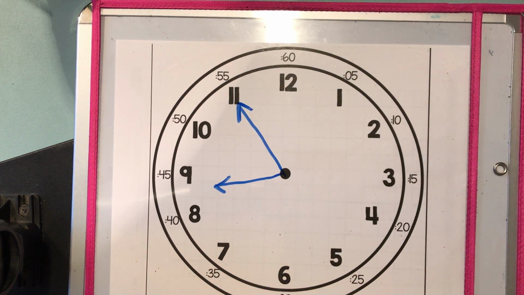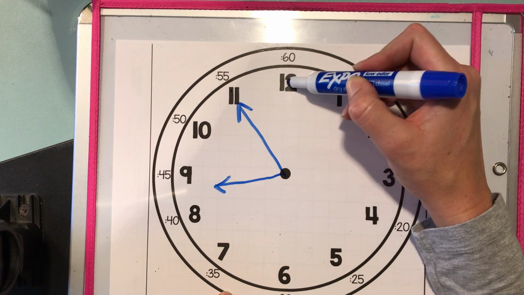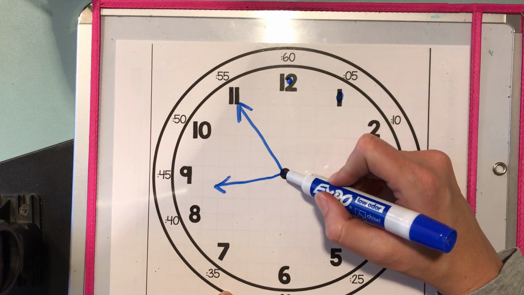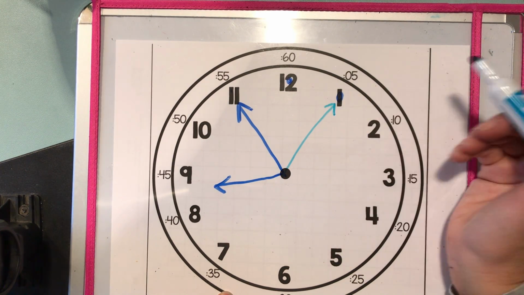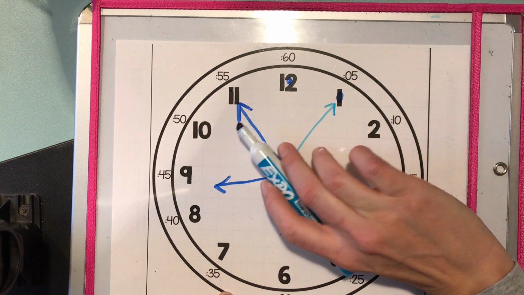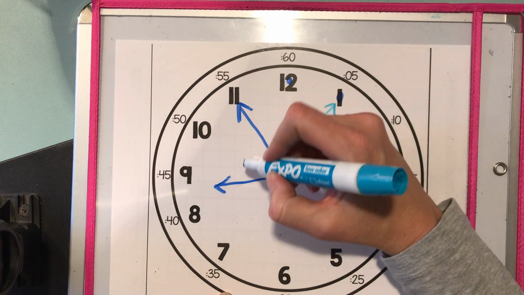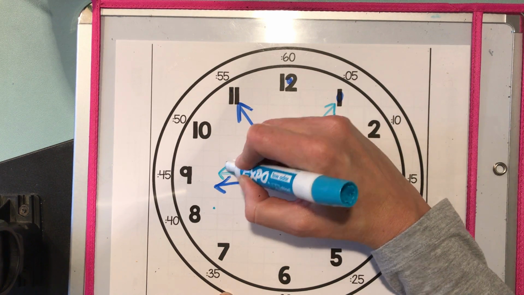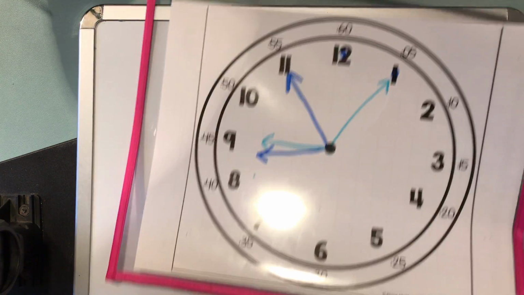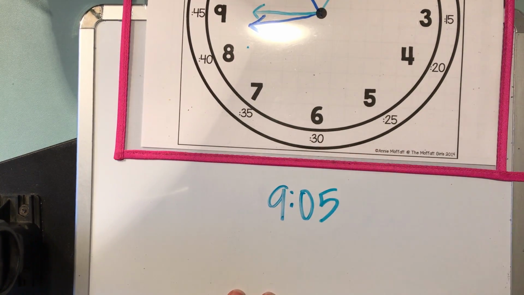What time will it be in 10 minutes? Okay, let's count by fives. 5, 10. Okay, my new minute hand is pointed at 5 minutes, but now I've passed the 12, right? So I have a new hour here. So it's not 8 o'clock anymore. It is now 9 o'clock. So my new time is 9:05.